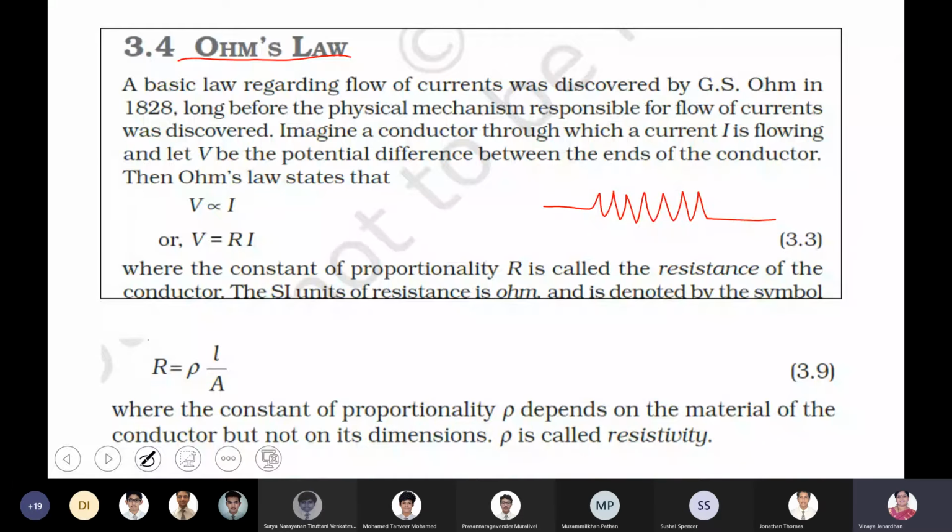Is that clear, boys? Only superconductors are different. Anyone who wants to go for research later on, you know what superconductors are?